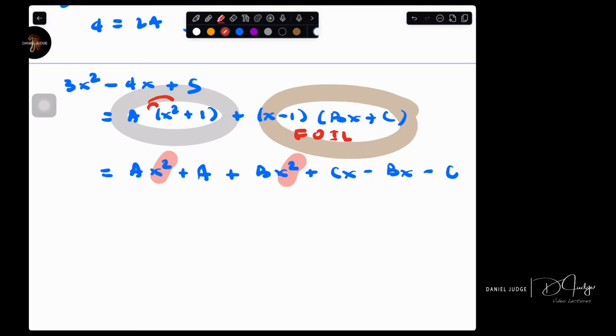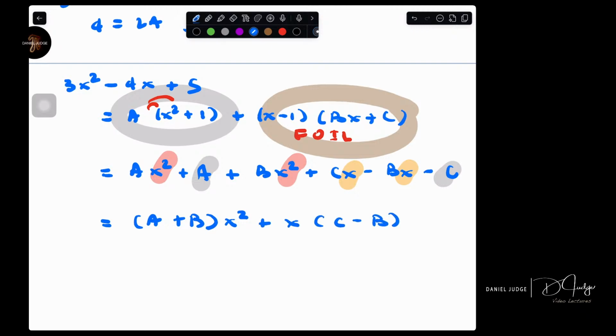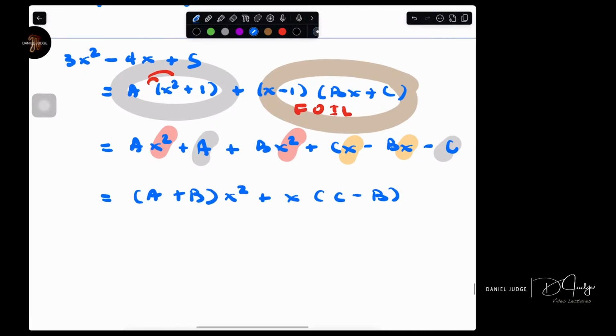A couple of x squared terms here. An x term and an x term, and then we have our constants. So this means we have a plus b times x squared plus, factor out the x, and then you're left with c minus b, and then a minus c.